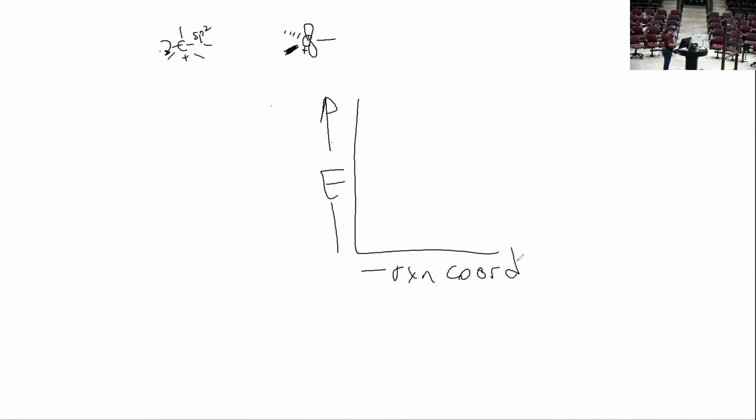And so if the reaction is endergonic, that tells me that the starting material is lower in energy than the product, or the product's higher in energy than the starting material. Product's less stable. And if there's just one step, that tells me that we just go up through a transition state, through a local maximum, and there's no intermediates. It just falls down from that transition state to the product.